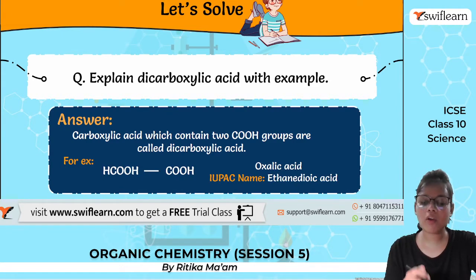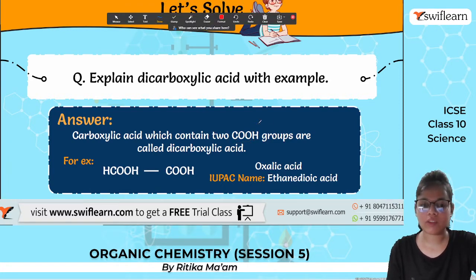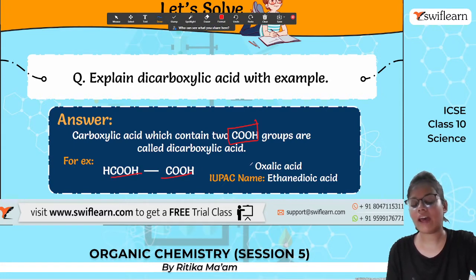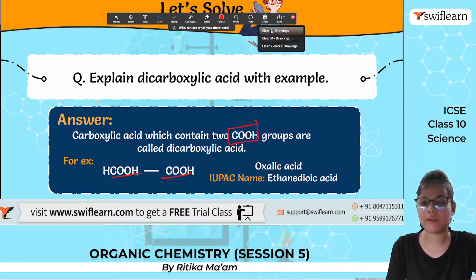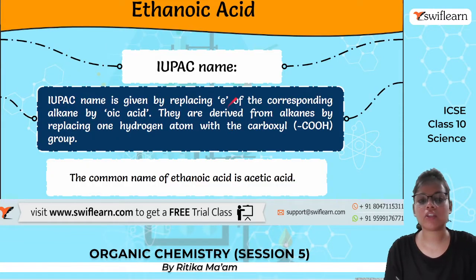Dicarboxylic acids are those acids which contain this COOH group twice. So here you can see one group and another group. The nickname is oxalic acid and its IUPAC name is ethanoic acid. Now we are going to study about ethanoic acid.